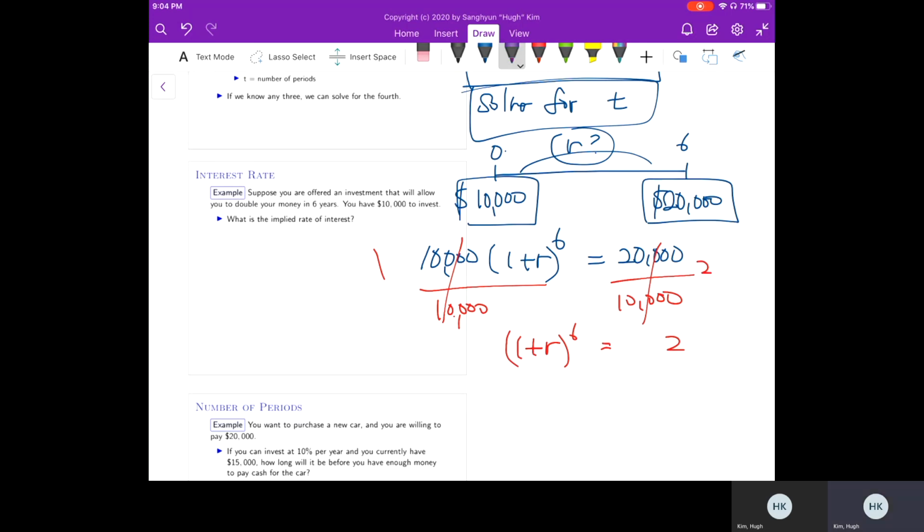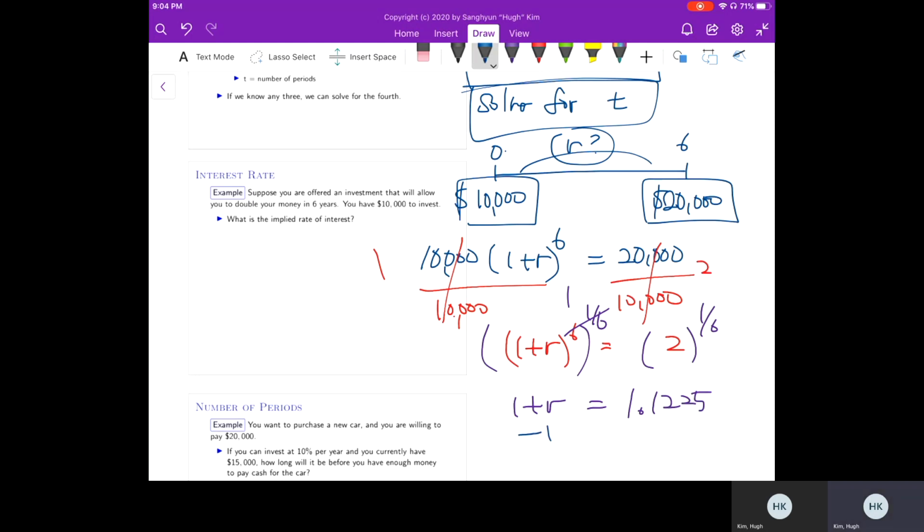Then we can raise both sides to the power of 1/6. So 1 plus r is 1.1225.